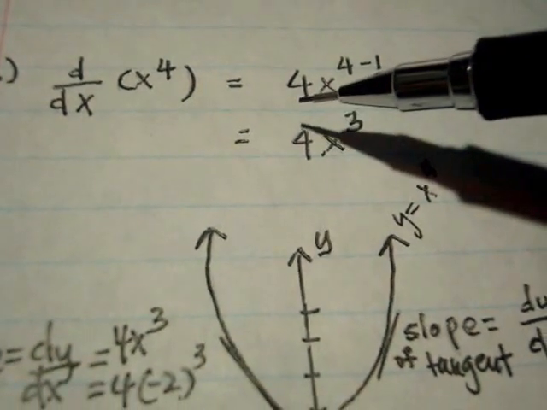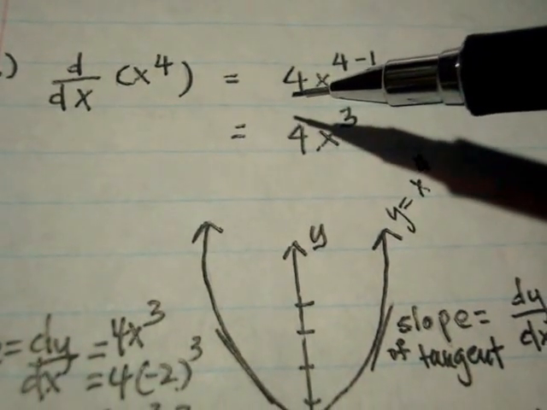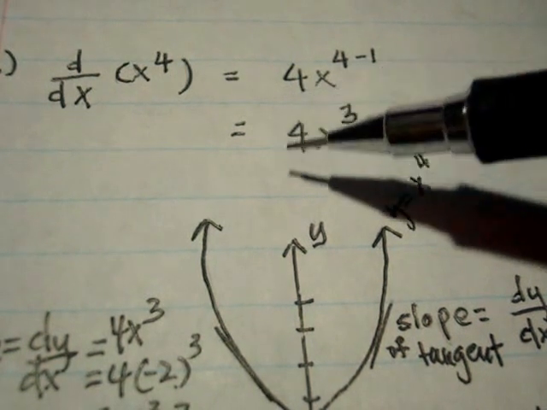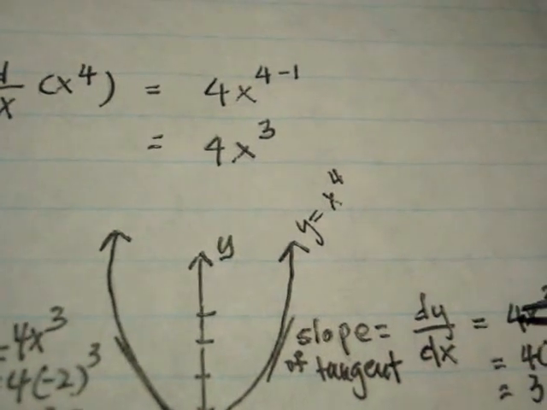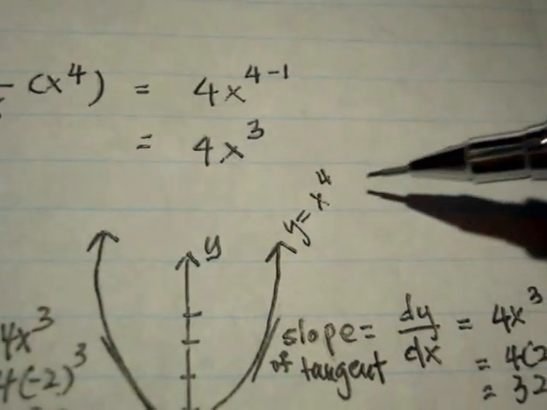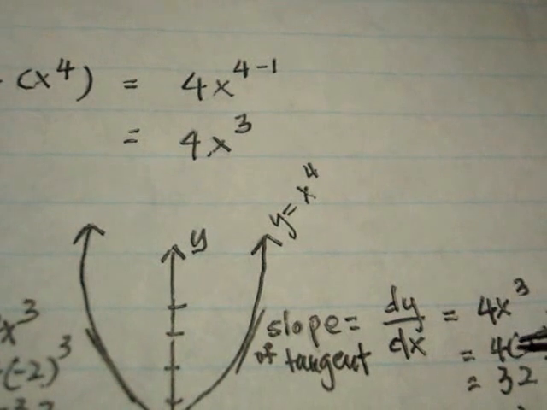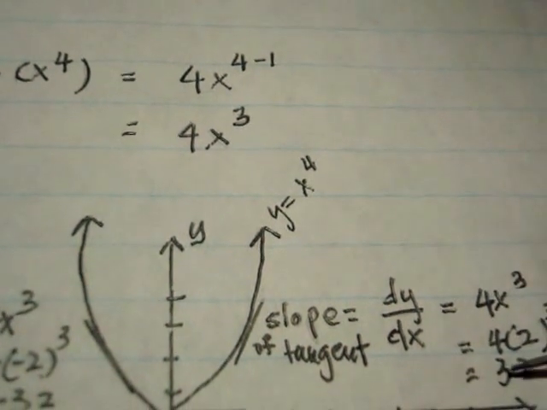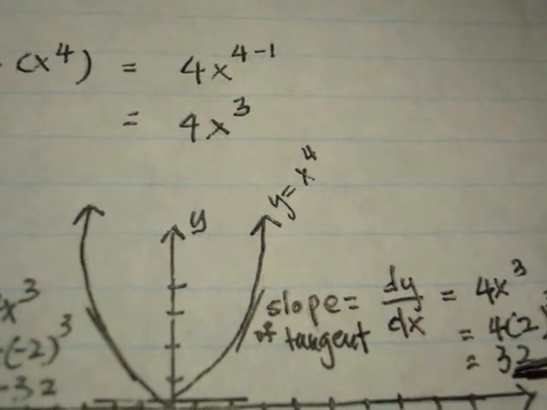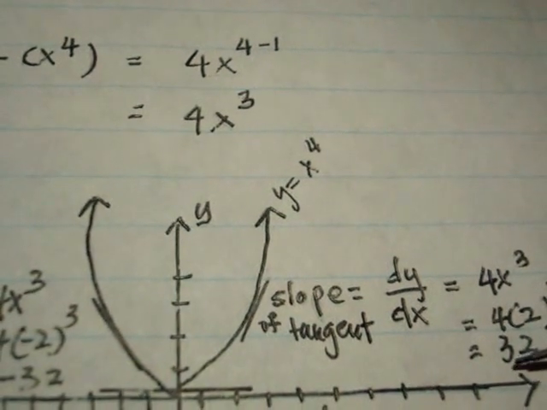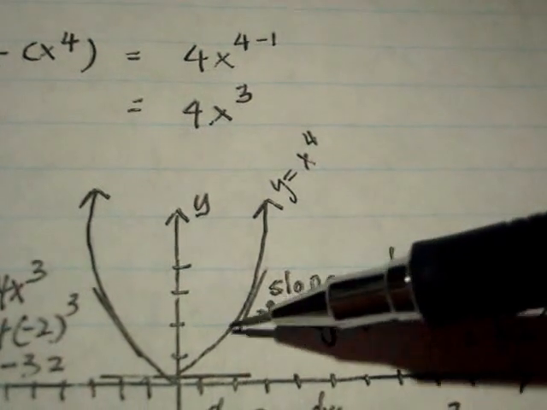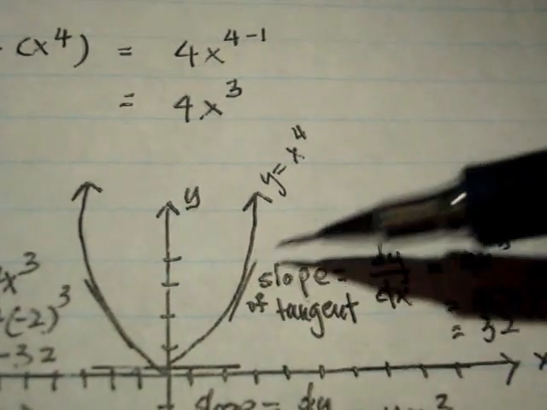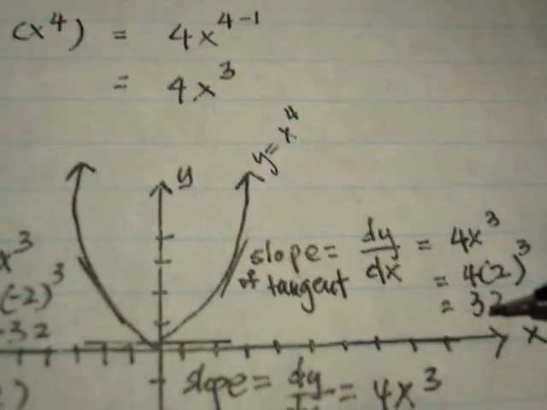And if you want to find out the slope of this point right here, you just take the derivative that we solved earlier and plug in the x value for it, and the y value will be 32. So the slope for this particular point right here will be 32.